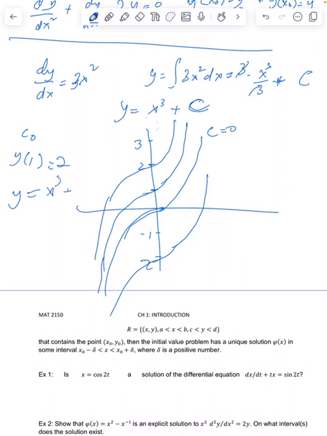So my function is y equals x cubed plus C. So I plug in 2 for y and 1 for x. So I can find out C. 2 minus 1, 1. So C is 1. So it means we are talking about this solution. So this will be the exact solution.